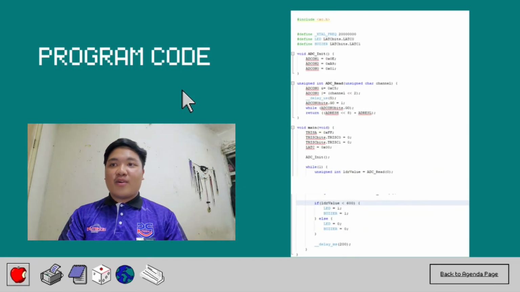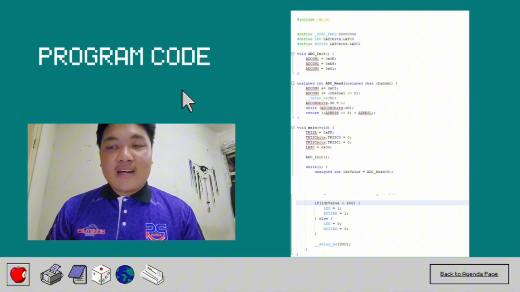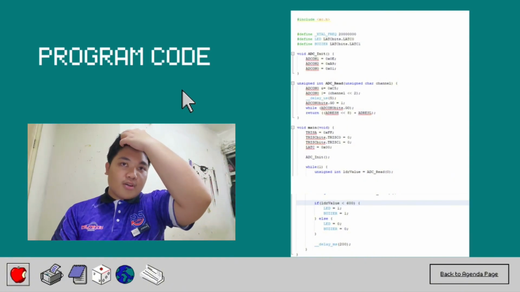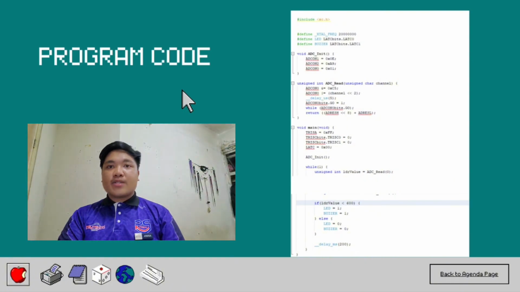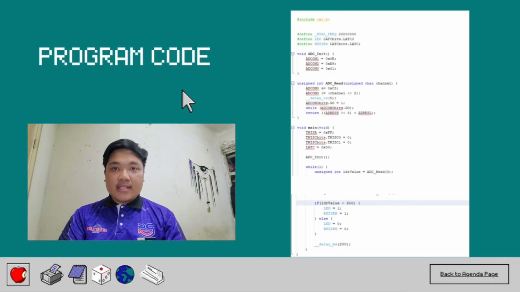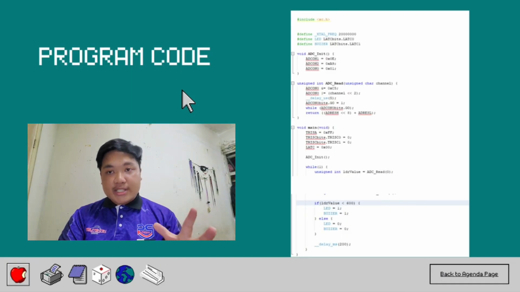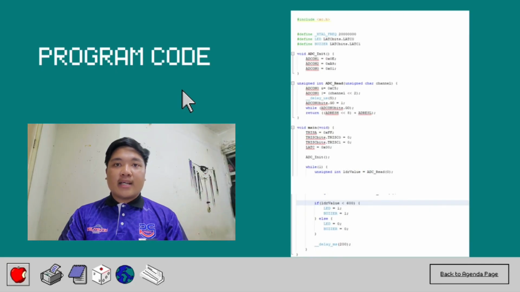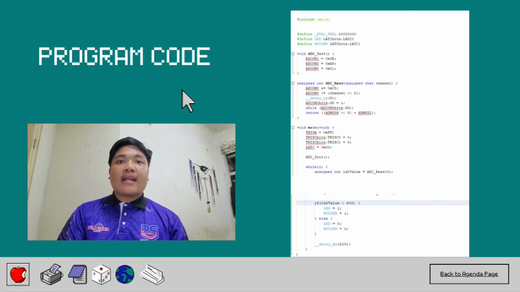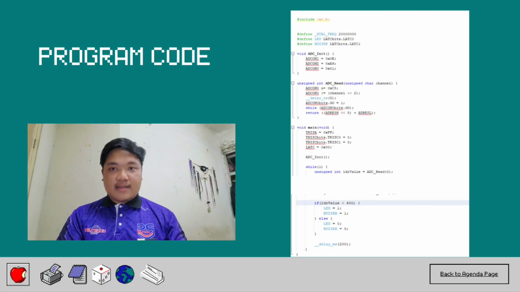Alright, that's all. So for summary, this project uses the LDR to detect darkness. When the light level drops below a threshold, which is 600, the system turns on an LED and a buzzer as an alert system.